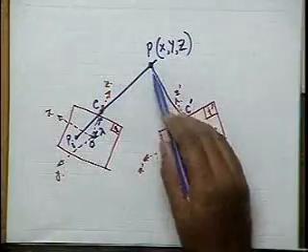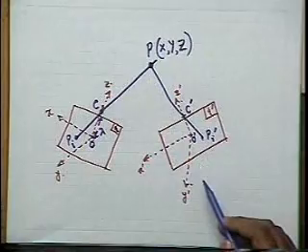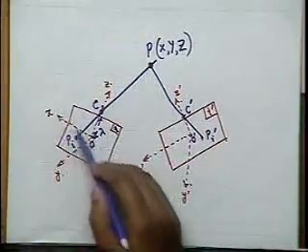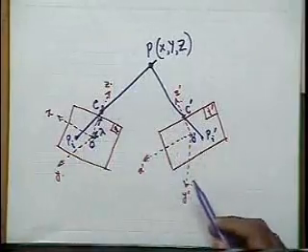There should be some relationship between all the three coordinate systems. Definitely the X, Y, Z coordinate system and the X prime, Y prime, Z prime coordinate system must be somehow related. And even the world coordinate system with respect to which I am defining the point P will also be related to either of these two cameras' coordinate systems.